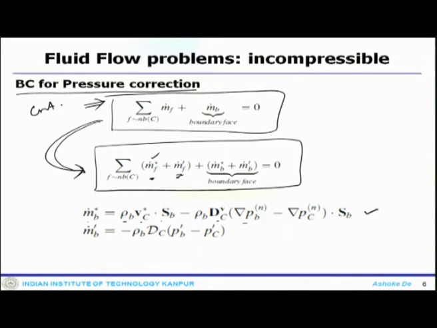This equation we have already seen, and the prime equation would be minus rho b and dC Pb prime minus Pc prime. Now, for implementation of the boundary condition, these values like m dot b star, m dot b prime, Pb, Pb prime, all this information is required, so Pb and Pb prime need to be calculated.